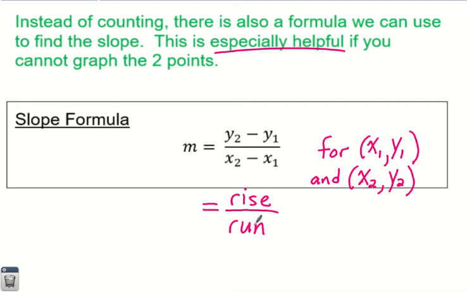And to figure out the horizontal run, of course you're going to subtract the 2 x coordinates. So this formula, it doesn't take too much brain power to think about where this formula comes from and why this formula makes sense and why it works. Okay? But so that's the formula.